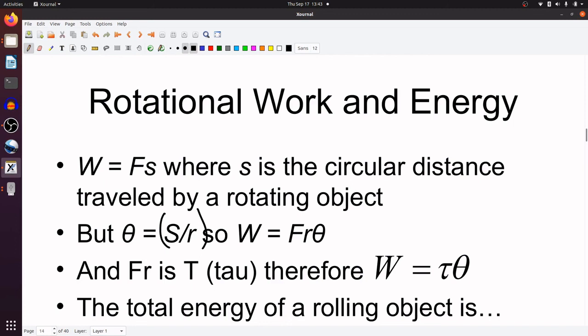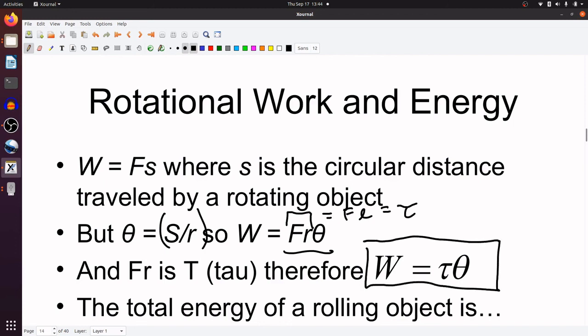So we say that work is then equal to force times the radius times theta. We know that force times the radius is basically the same thing as force times the lever arm, and we know that that is tau. So substituting it in, we get that work is equal to tau theta.